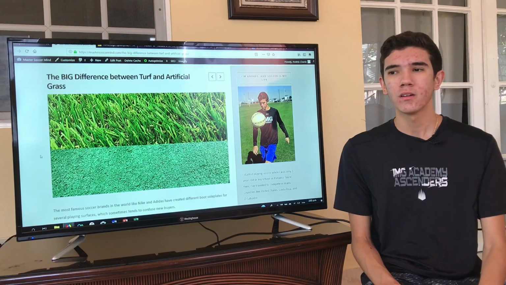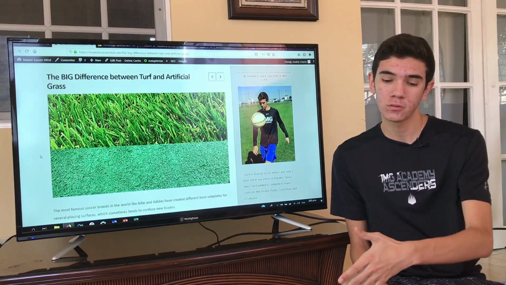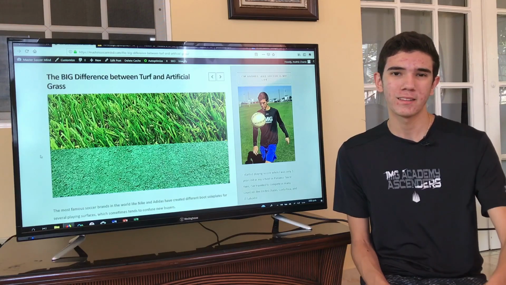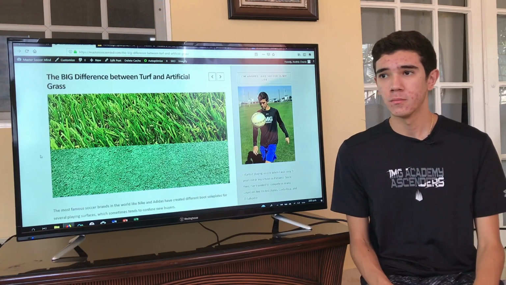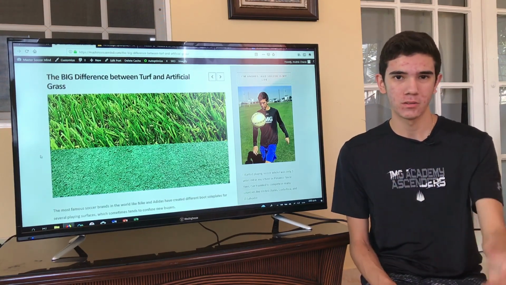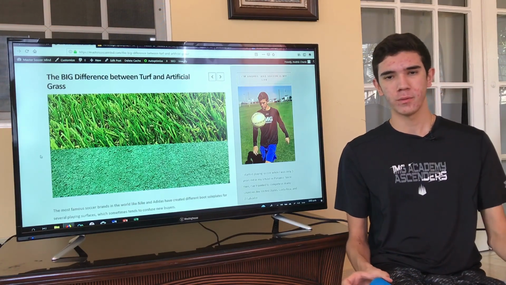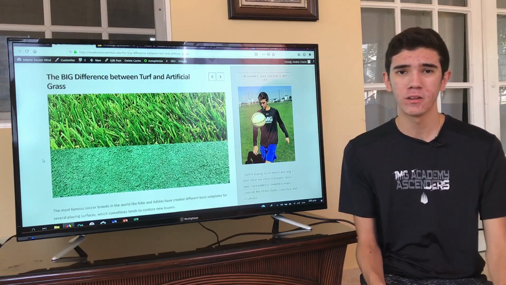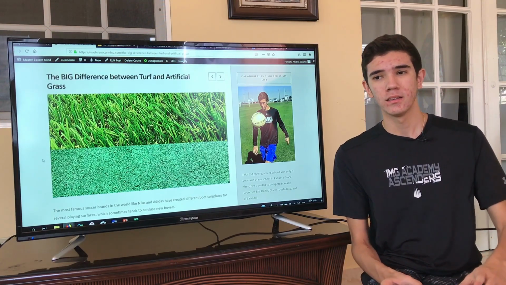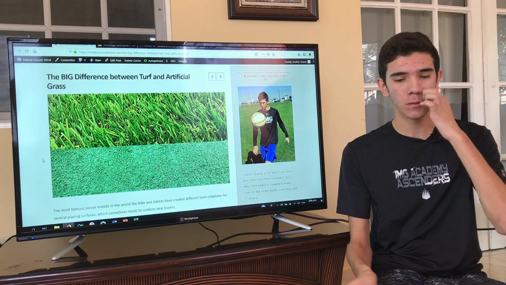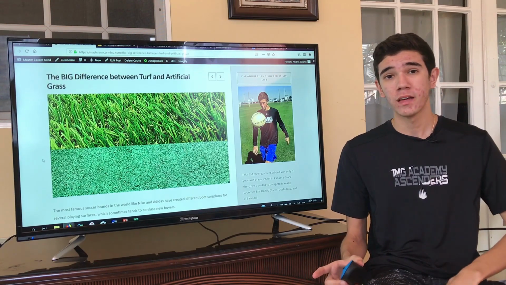So how do we even know there actually is a difference? Every time we're going to buy a pair of soccer boots, brands tend to name their shoes or stud patterns depending on the surface. For example, there is a pair of boots that is FG, or firm ground. There is a pair of soccer boots with an AG stud pattern, and there are others that are for turf.